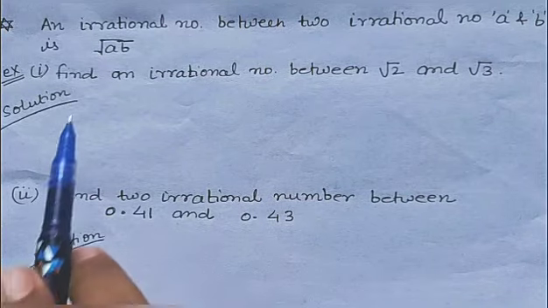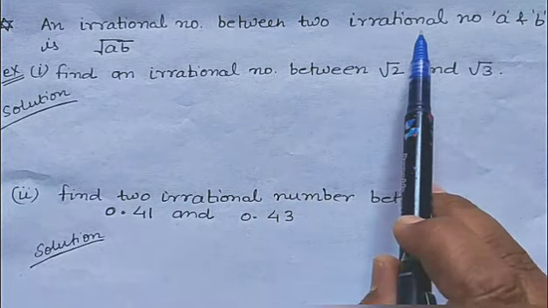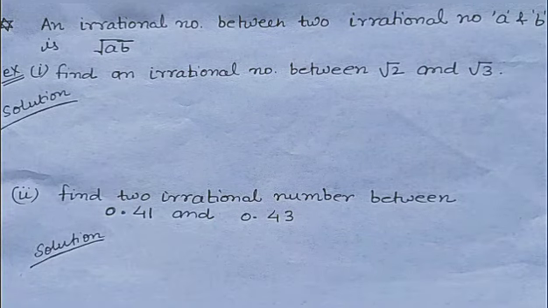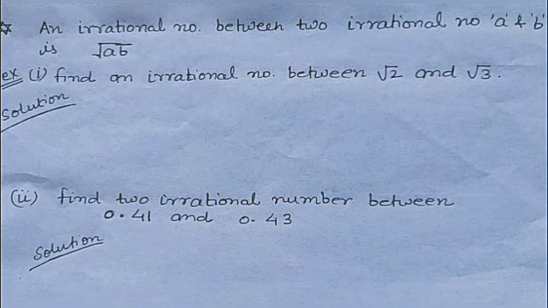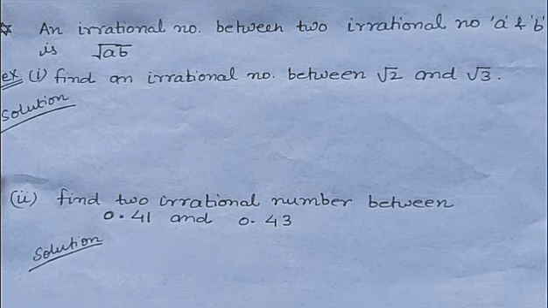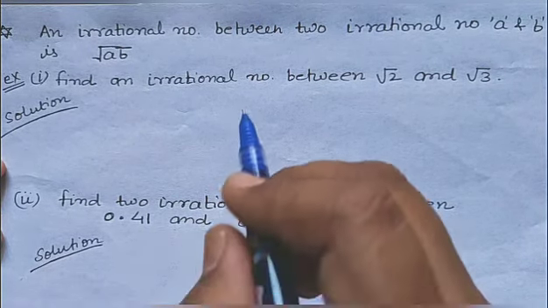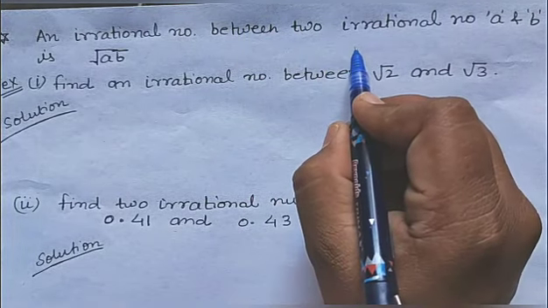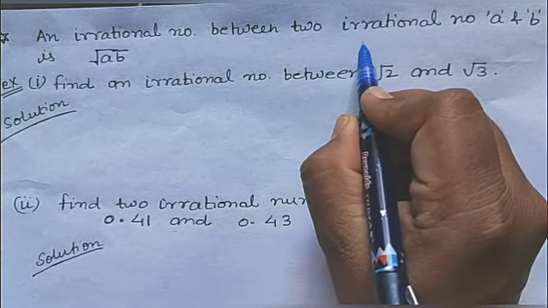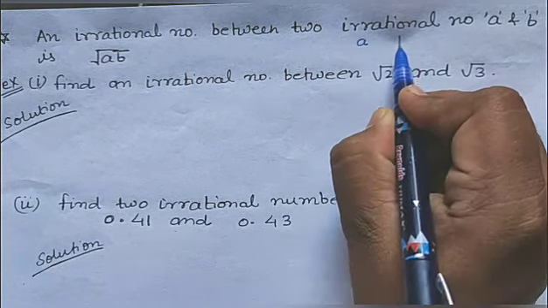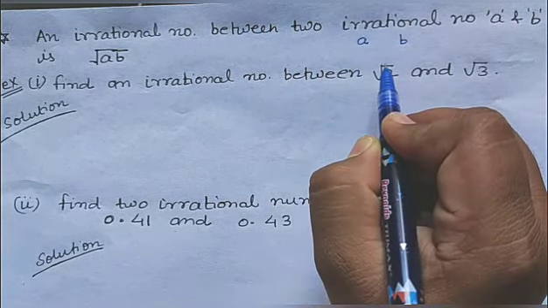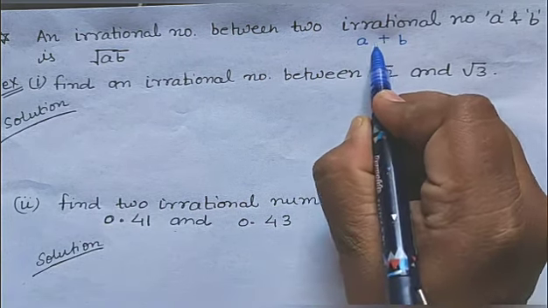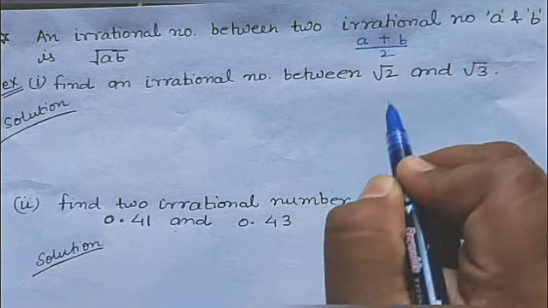Next topic is: an irrational number between two irrational numbers a and b is under root ab. As I have told you in the second part, if we want to find a rational number between two rational numbers a and b, we apply the formula (a plus b) by 2.